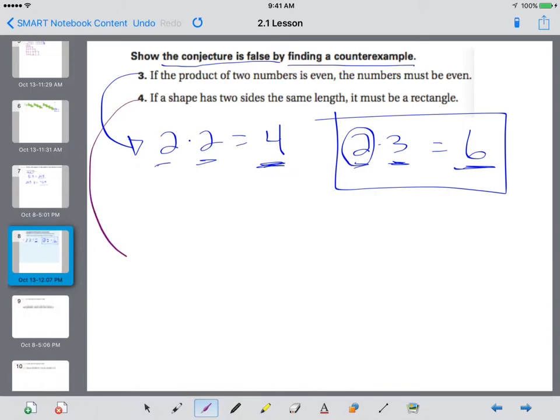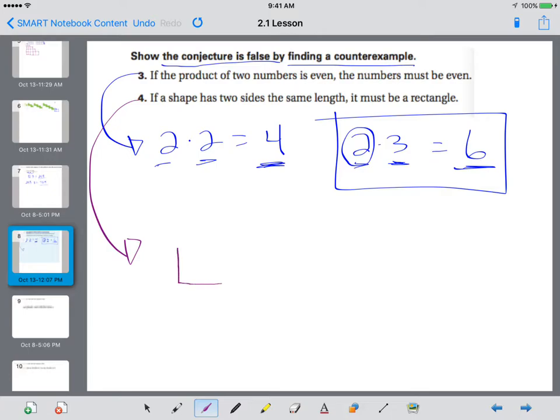Let's look at my answer for number 4. If a shape has 2 sides the same length, it must be a rectangle. So 2 sides have to be the same length. Then it must be a rectangle. Well, I can think of 2 examples.